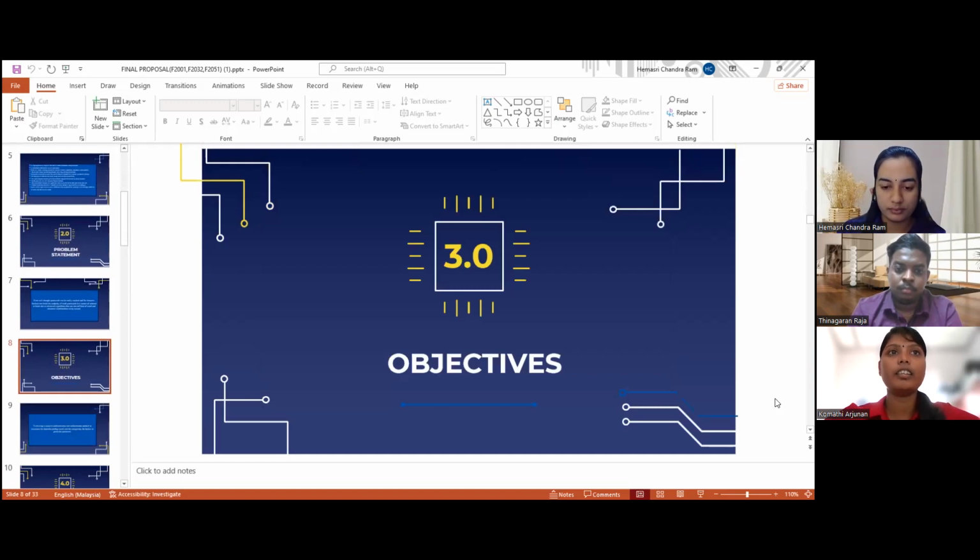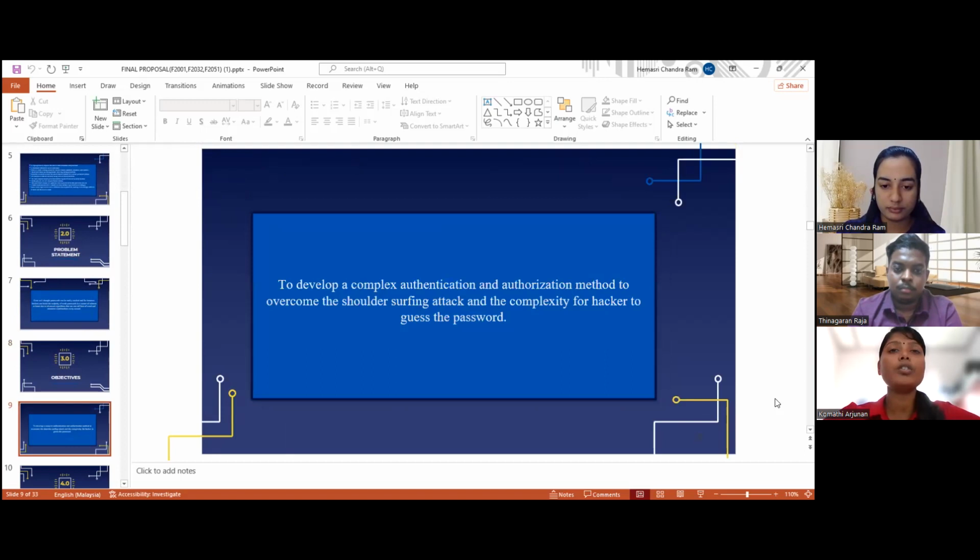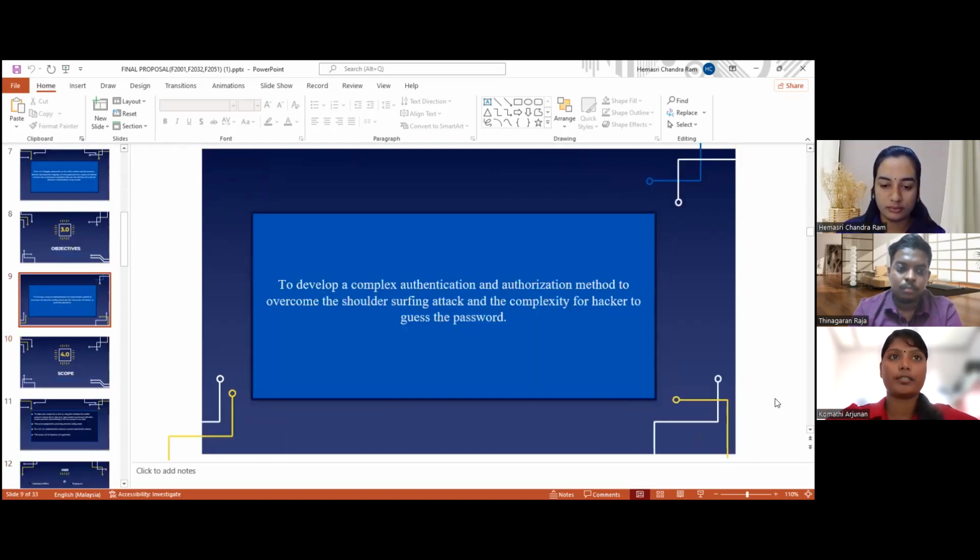Second, we move on to the objective of our project. To develop a complex authentication and authorization method to overcome the shoulder surfing attack and the complexity for hackers to guess the password. These are the main objectives of our project.